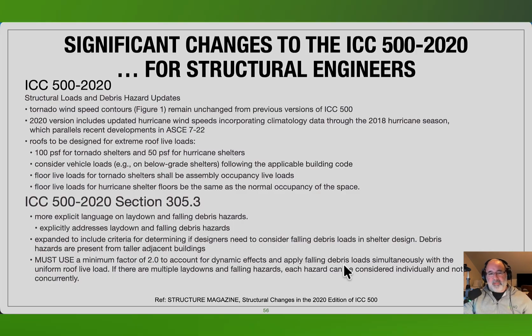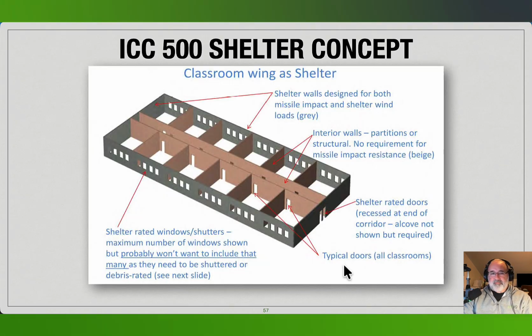Depending on the complexity of your site and what might be next to it that could be compromised, it's going to be really important to look at. But then there's a must-use minimum factor of 2.0 to account for the dynamic effects of falling debris simultaneously with uniform roof live load. So again, we're trying to address some of the impact loading you would have from adjacent elements that could be falling down.